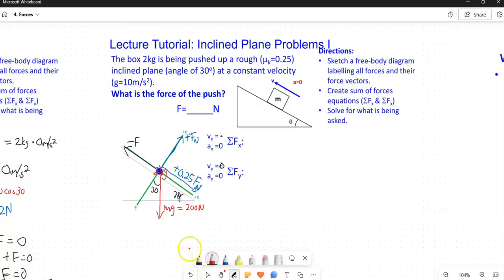Now, once we've done that, it's hard for me to recognize that this is a hypotenuse. Again, I don't want to do this. If you do this, you've made a mistake, because now you have not only one vector that is not aligned to your coordinate system, now you have a second one.